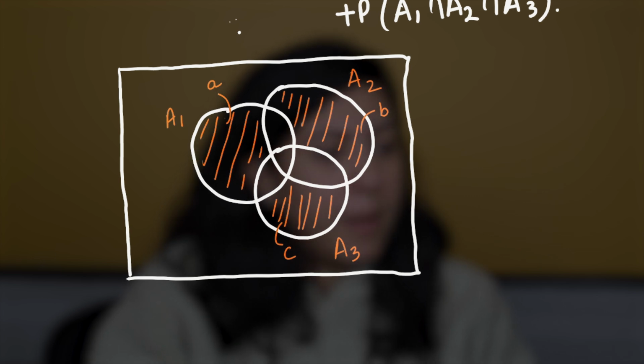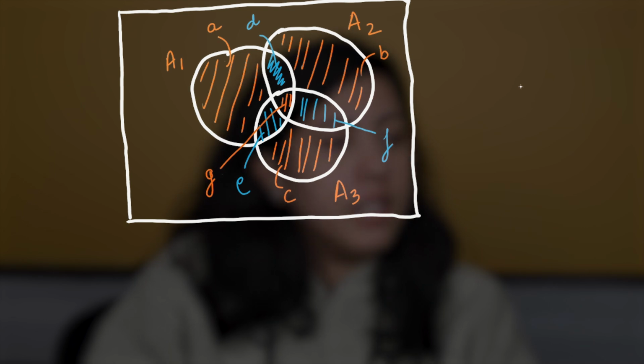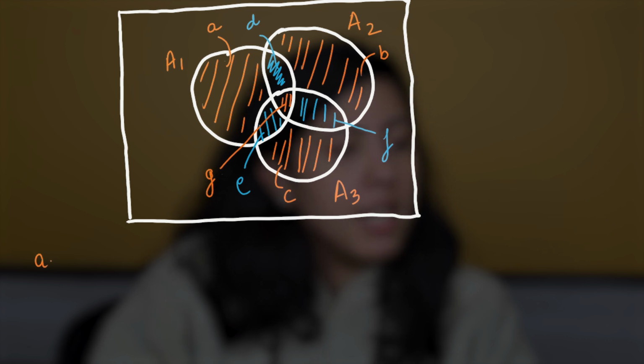We can further divide this section where there is an intersection of A1 and A2 as d, intersection of A1 and A3 as e, and intersection of A2 and A3 as f. And the intersection of all three of them is given as g. The left hand side, A1 union A2 union A3, will be given as a plus b plus c plus d, so on to g.